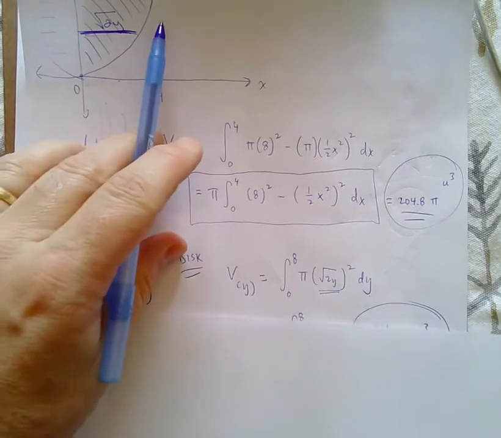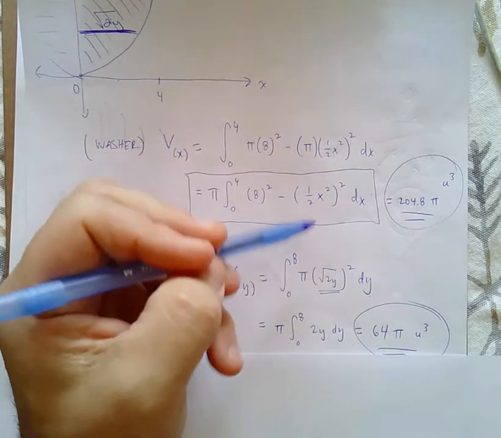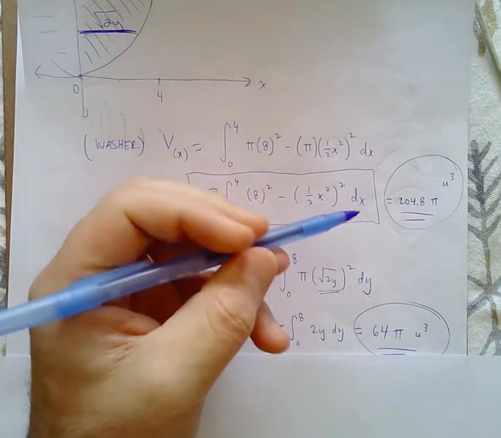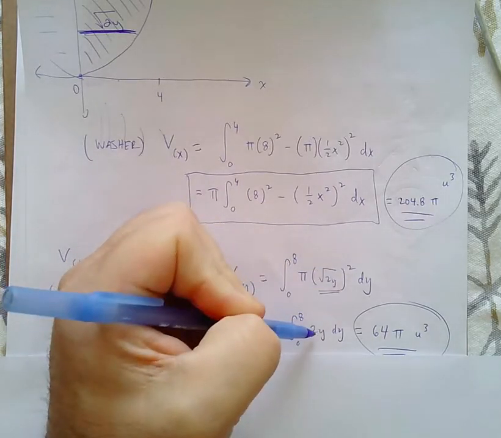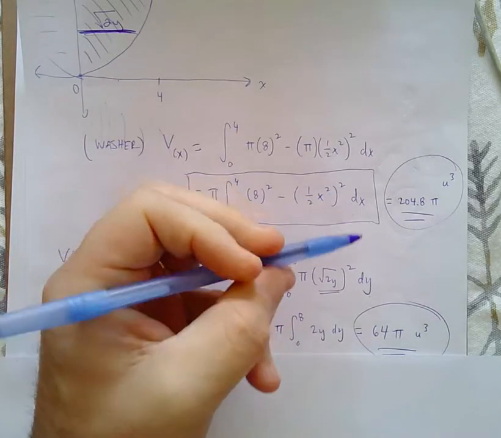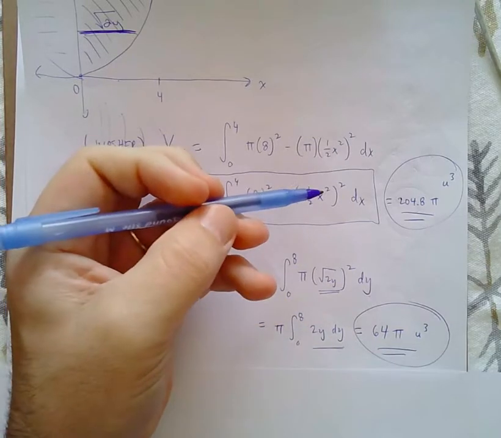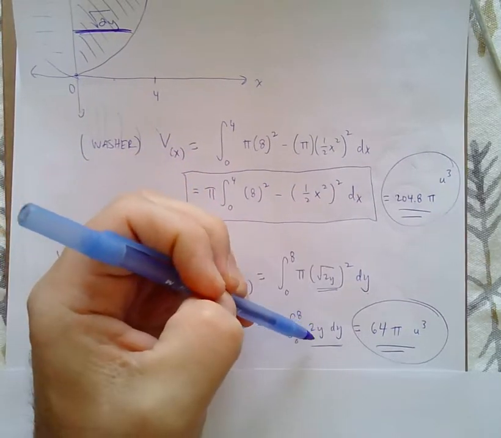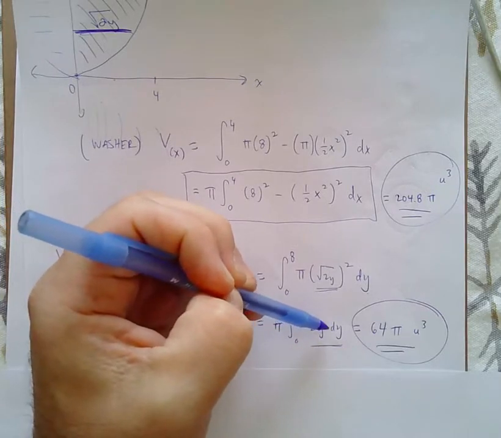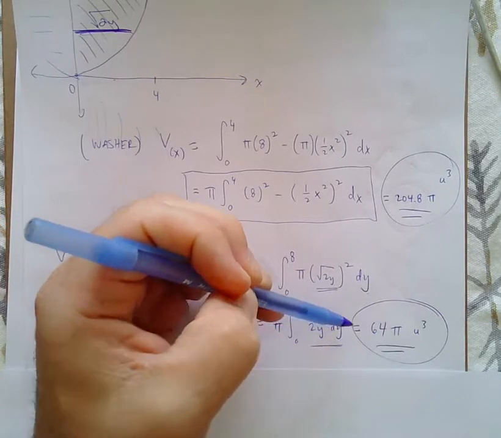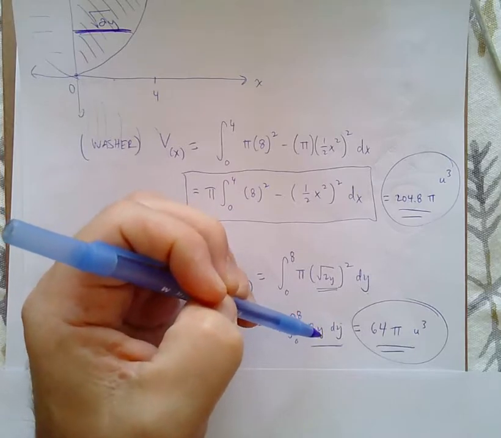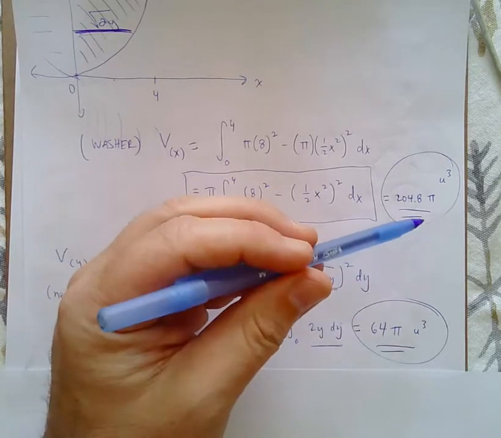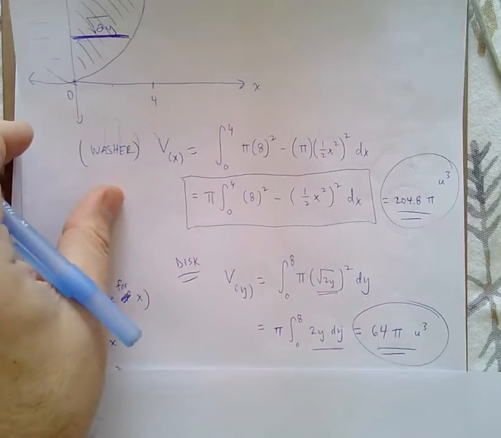Again, I would pull out the pi because that's a constant, and radical 2y squared is 2y. Now, when you type this into your calculator, you're allowed to type in 2x. I know that's something tricky, but you can type in 2x dx, and you just know it's 2y dy. That makes sense. See if you get the answer 64 pi.